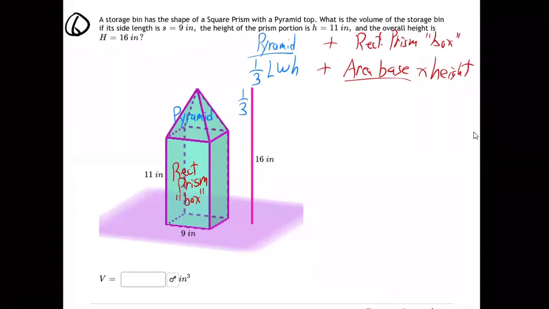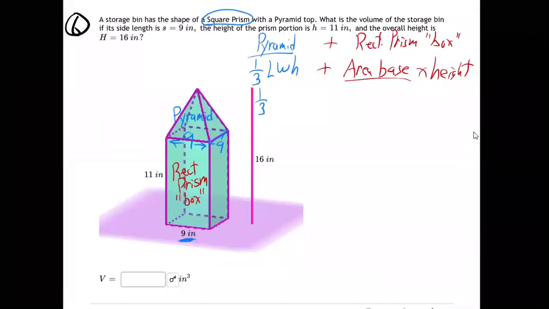So 1/3 length width height. Okay, what is the length? Well, it's 9. This is 9 down here, which means from there to there is 9. And it says it's a square prism, so that means this is also 9.